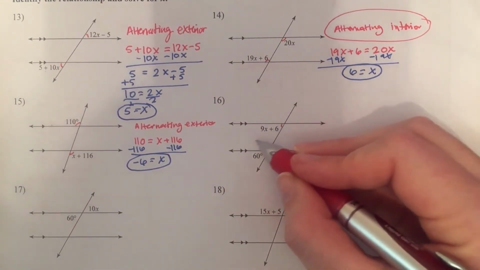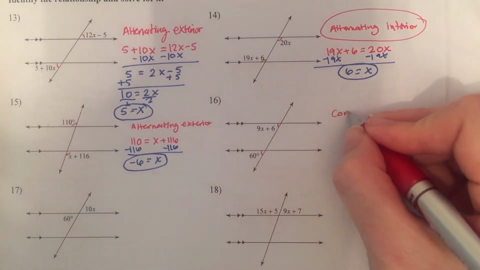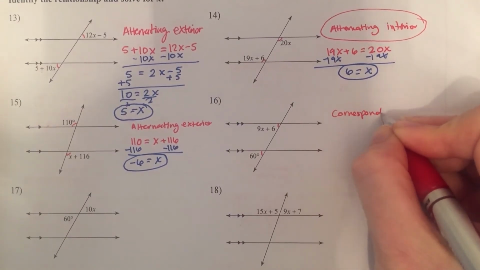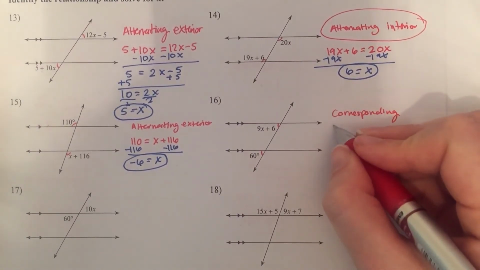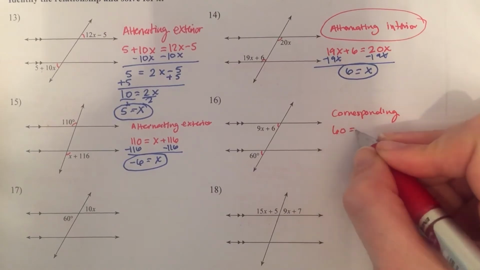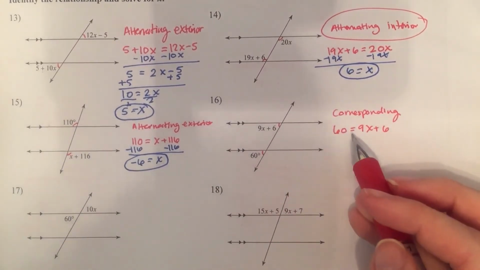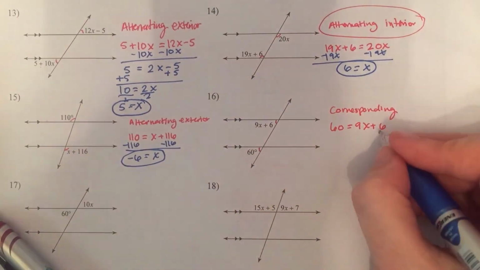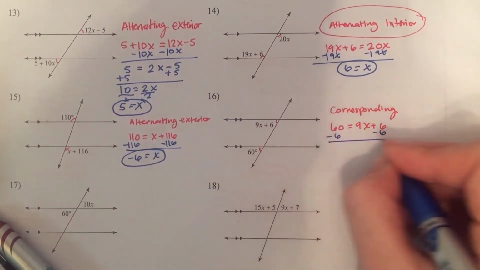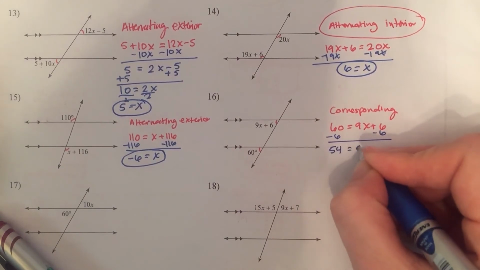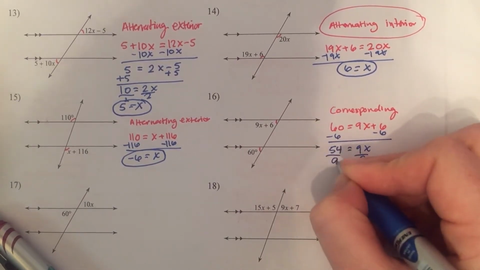Corresponding, bottom left corner, bottom left. So I would say that 60 equals 9x plus 6 because they are same size. Equal means the same. Minus 6, divide by 9.